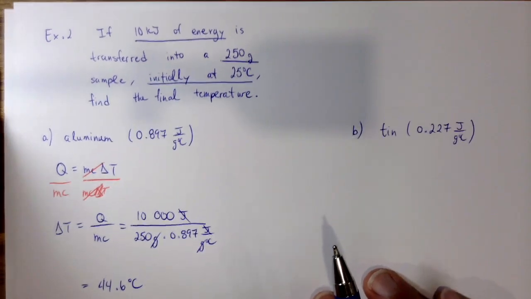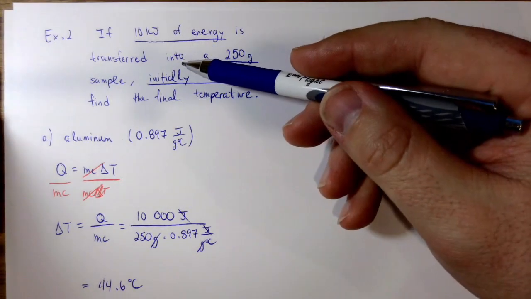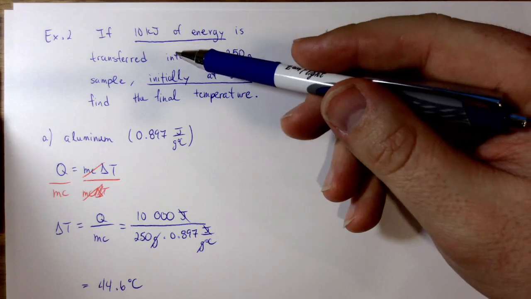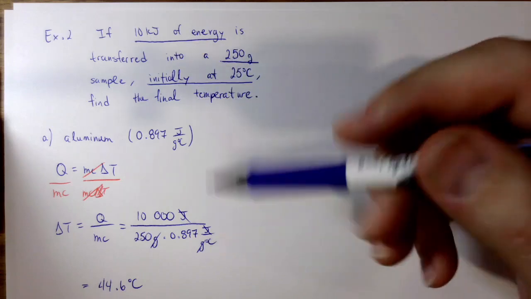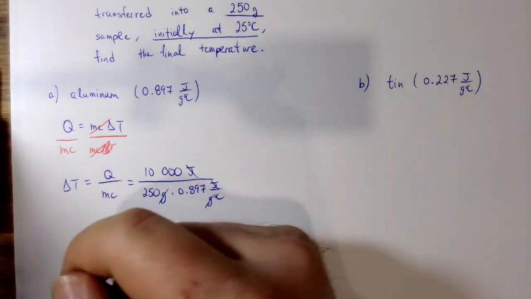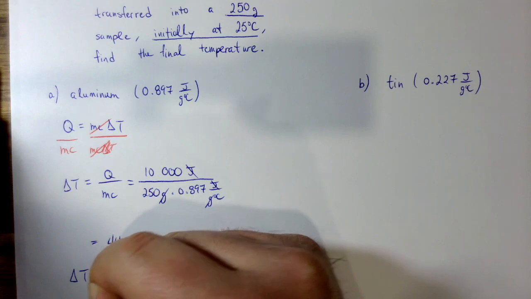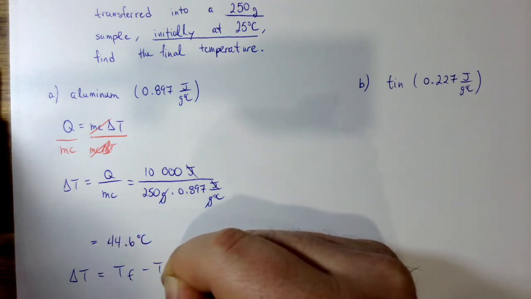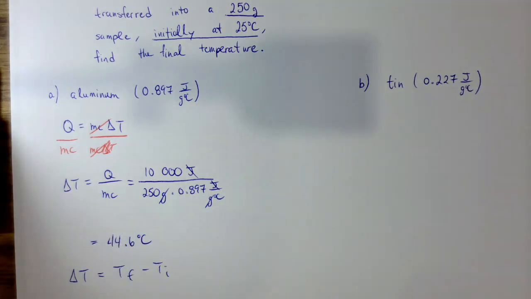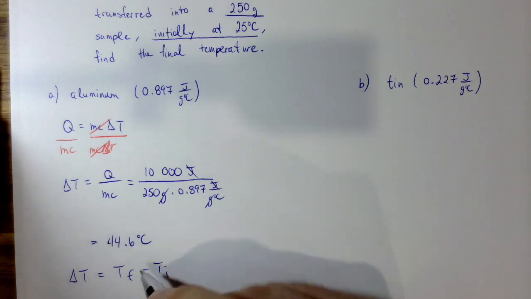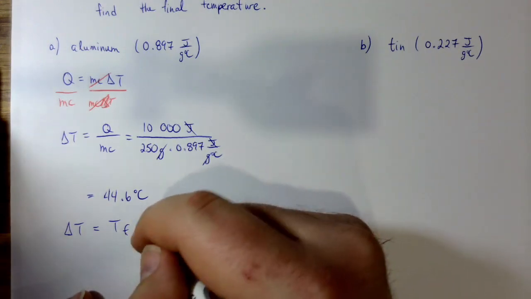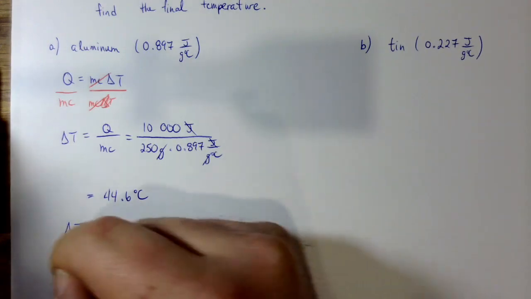Now the energy is being transferred into this sample, meaning that because it's gaining energy, it's going to increase in temperature. So now, if I look at my delta T, TF minus TI, we do a couple things here. To get rid of this TI and to get TF by itself, I'm going to do the opposite.